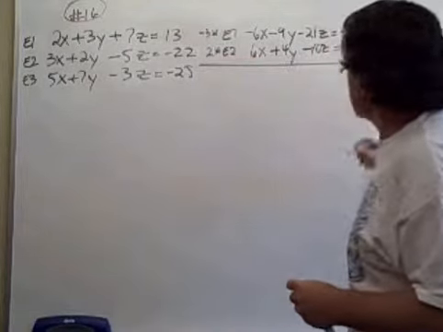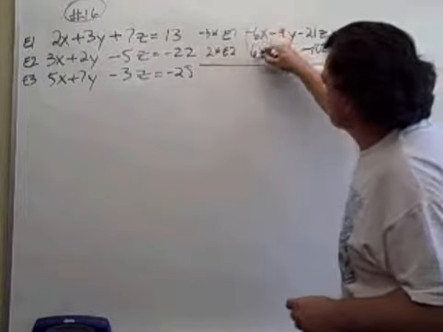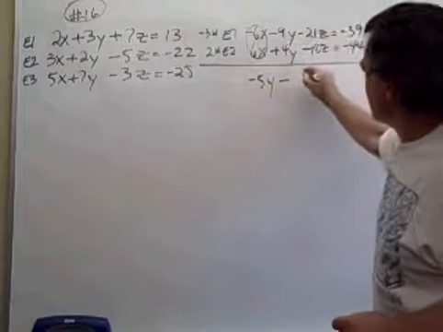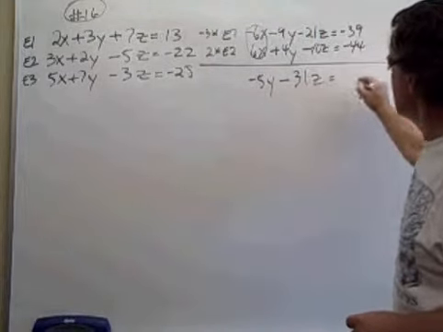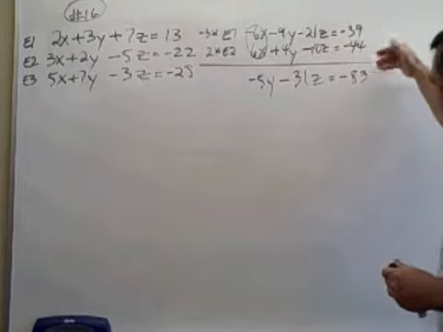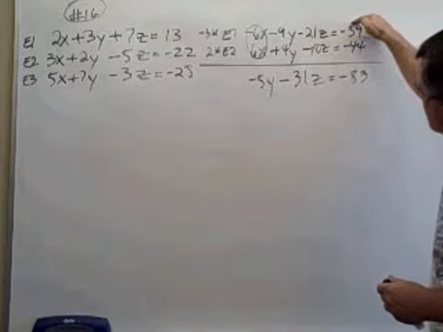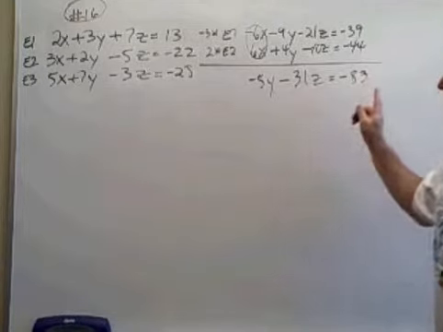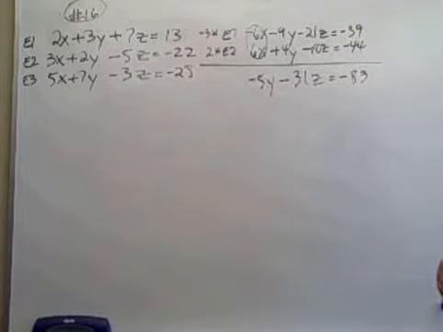Now, when we add those 2 equations, the x's disappear, giving us -5y minus 31z equals -83. 9 and 4 is 13, 3 and carry the 1, 3 and 1 is 4, and 4 is 8. So now we have one equation that only has y and z.